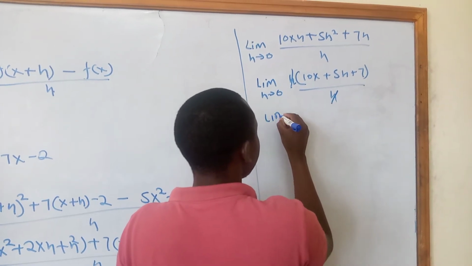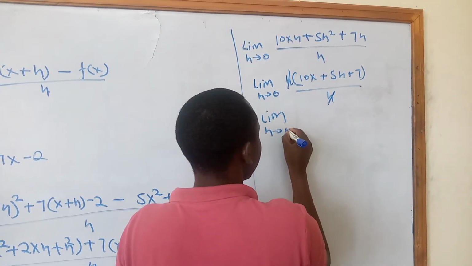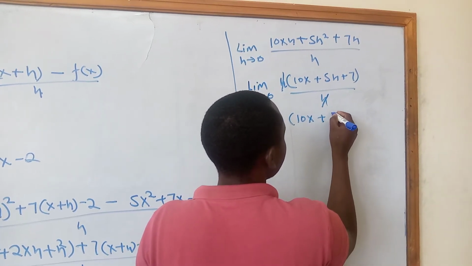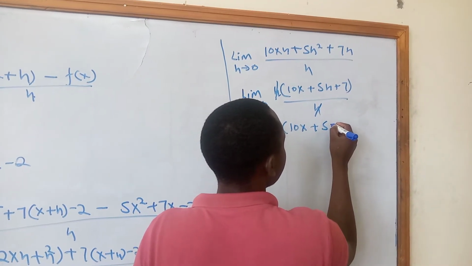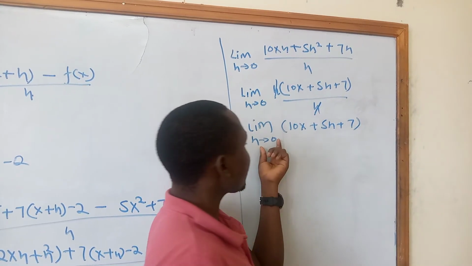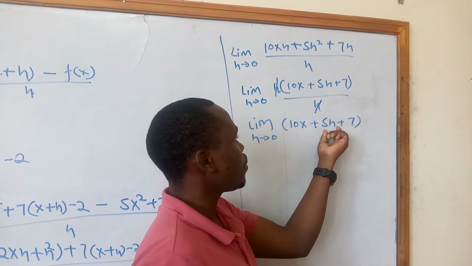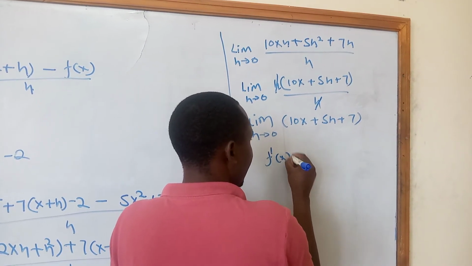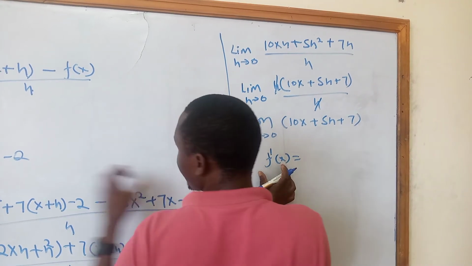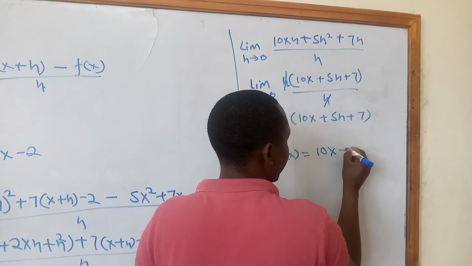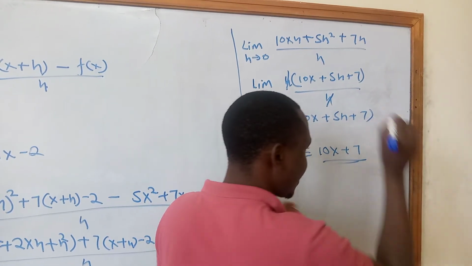I will remain with the limit as h approaches 0 of 10x plus 5h plus 7. Then in place of h, I'm going to replace it with 0. Therefore, my f prime of x, the derivative of this function, is 10x plus 7. And that is the answer.